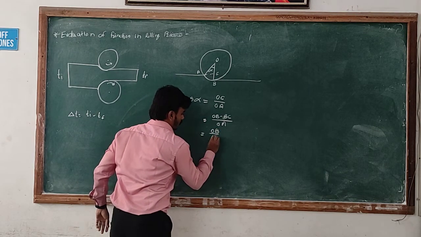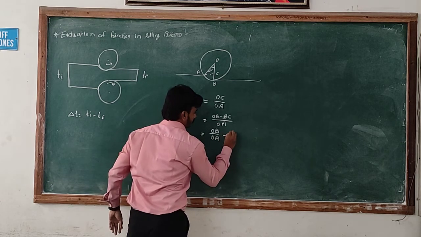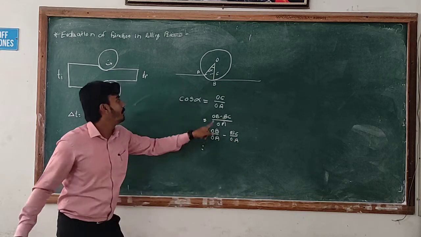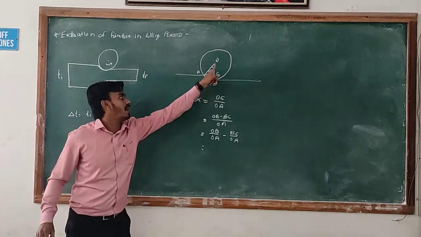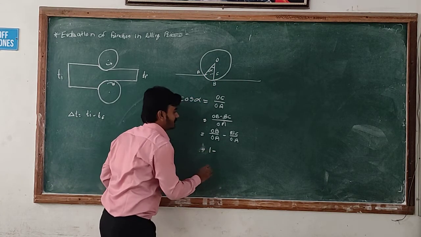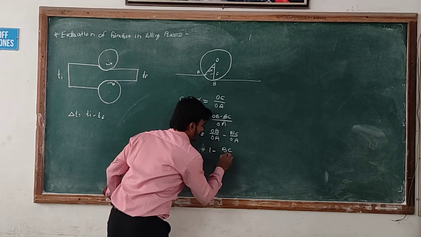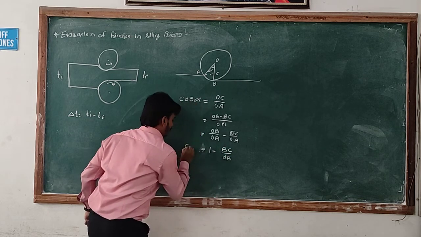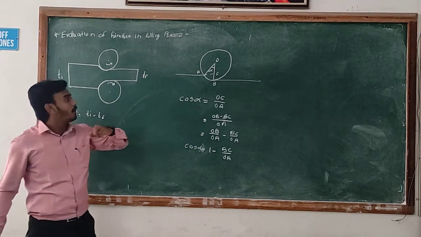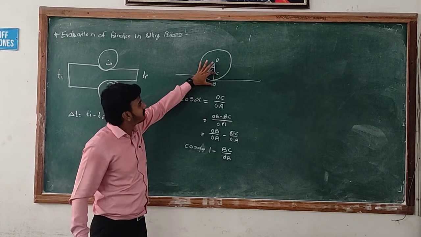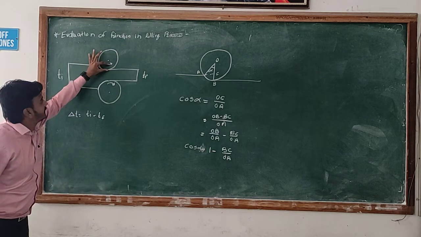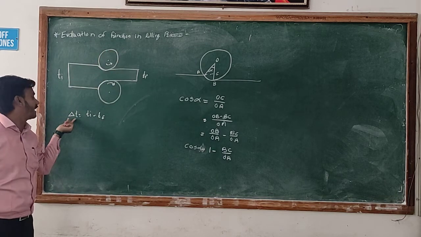So OB upon OA minus BC upon OA, and OB is the radius of the roller, and OA is also the radius of the roller. So cos of alpha is equal to 1 minus BC divided by OA. Now BC is this distance, this thickness, that is half of delta t.